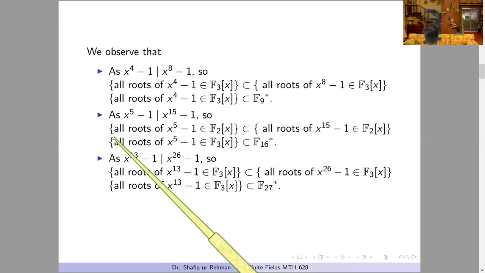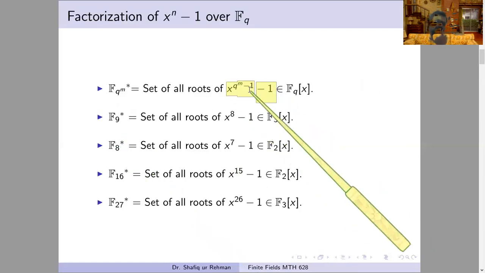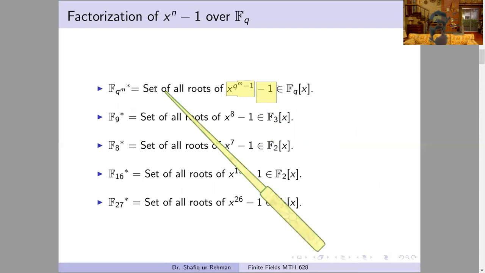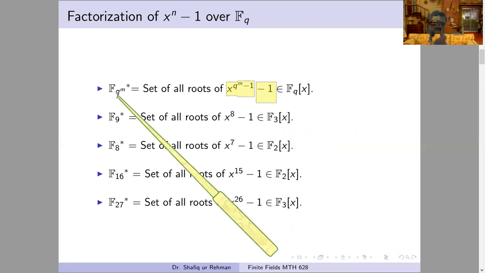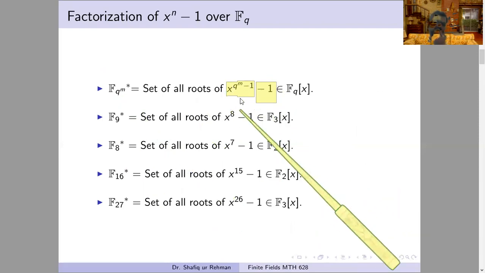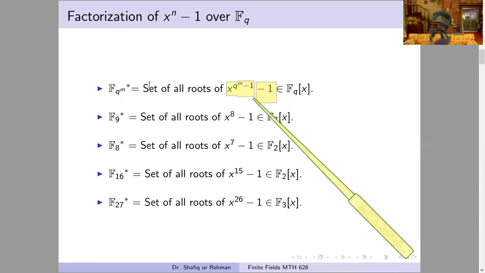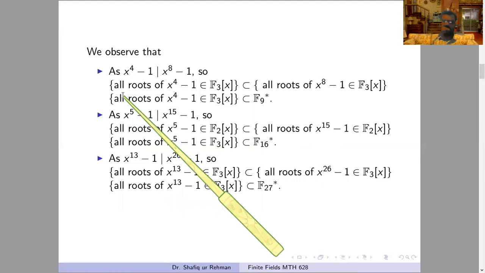That is, we know that if the polynomial is x power q power m minus 1, then all of its roots belong to this field F_q power m. But if we take any divisor of this polynomial, then the roots of that divisor will also belong to this field. So in this way we can investigate the field in which the roots of this type of polynomials lie.